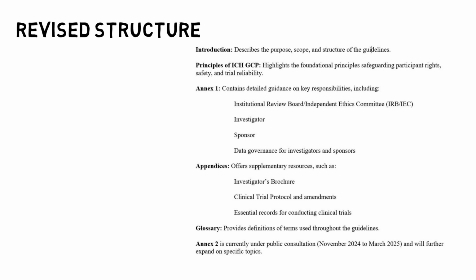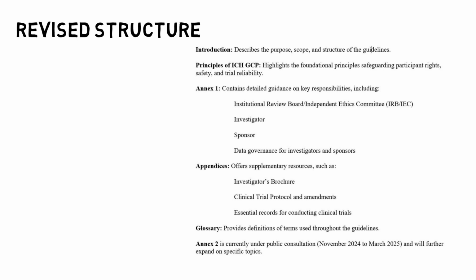Annex 1 contains detailed guidance on key responsibilities, including Institutional Review Board, Independent Ethics Committee, or IRB-IEC, Investigator, Sponsor, Data Governance for Investigators and Sponsors. Appendices offers supplementary resources, such as Investigator's Brochure, Clinical Trial Protocol and Amendments, Essential Records for Conducting Clinical Trials.